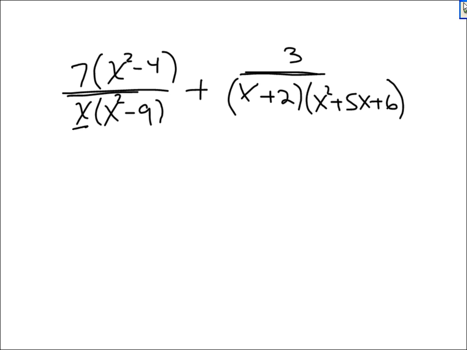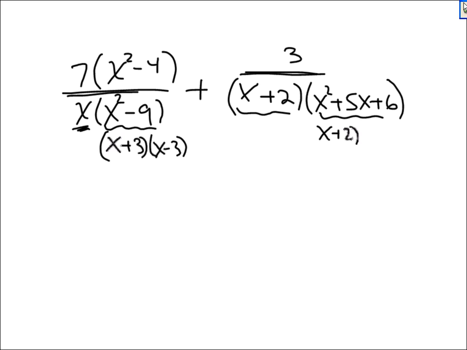Can you factor x? No. Can you factor x squared minus 9? Yes, you can. x plus 3, x minus 3. Can you factor x plus 2? No, you cannot. Can you factor this? Yes, you can. x plus 2 times x plus 3.